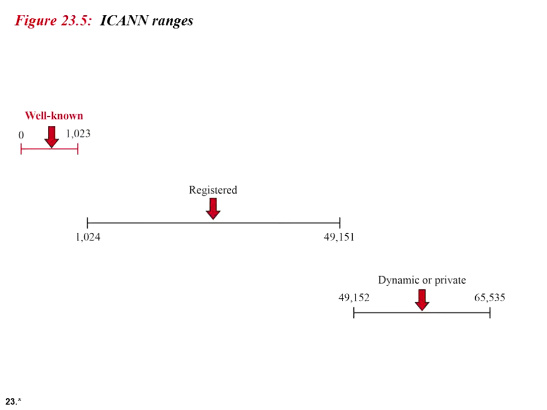Now it shows ICANN ranges. We have discussed this in chapter number 18, so first go through chapter number 18 and you will recall this topic. Here we have divided the port numbers into three ranges.